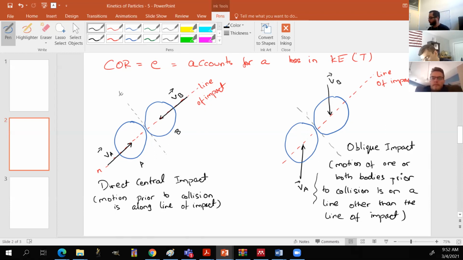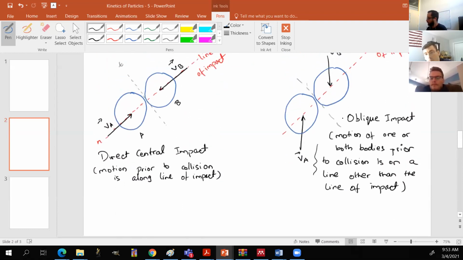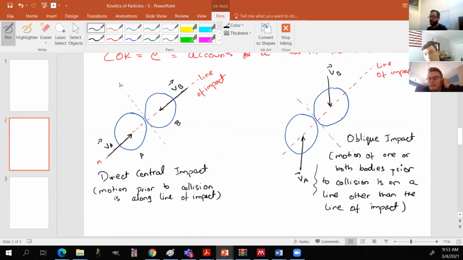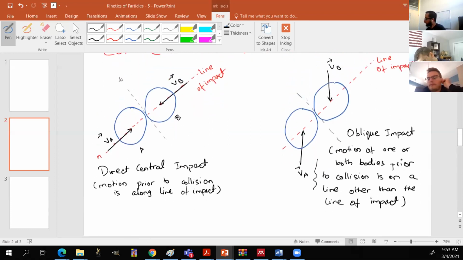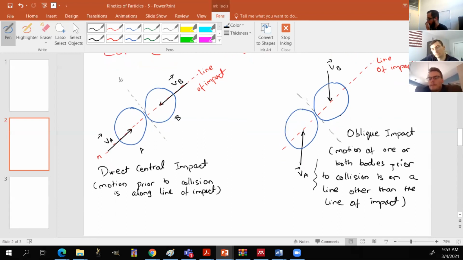All right, so now let's look at the two cases. All right, so if we have direct central impact, right? So let's say, but before we move on, any questions up to this point? No? All right.